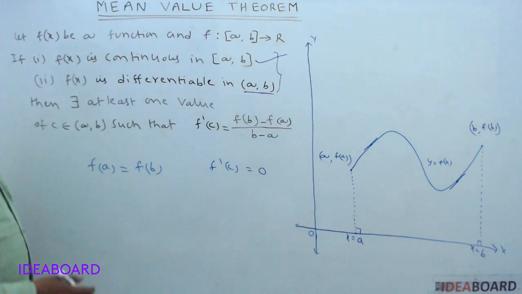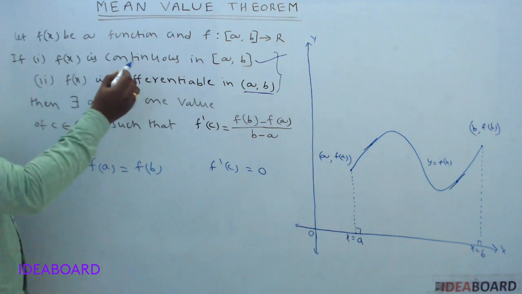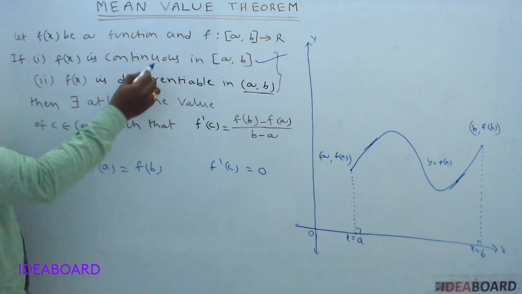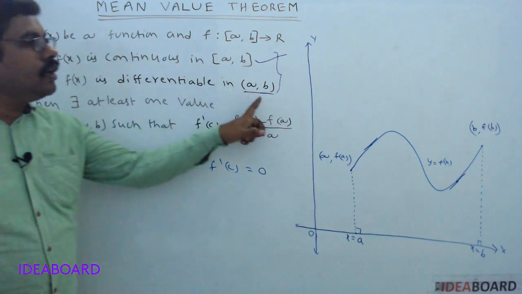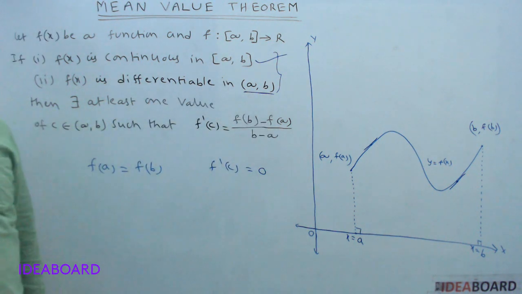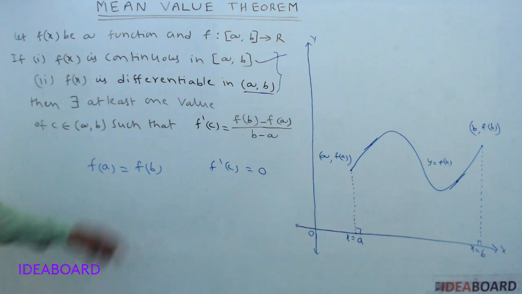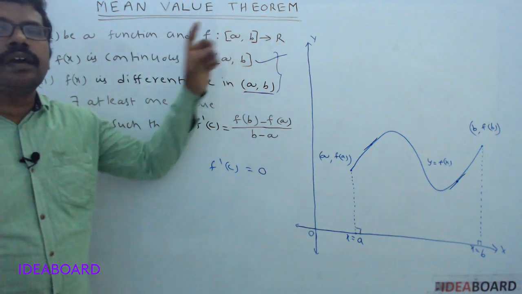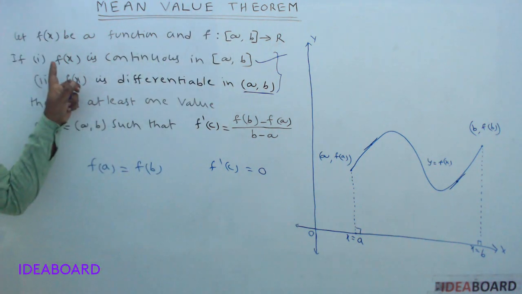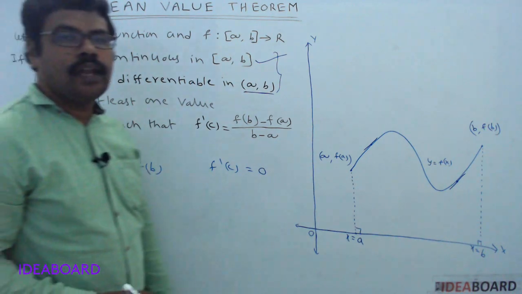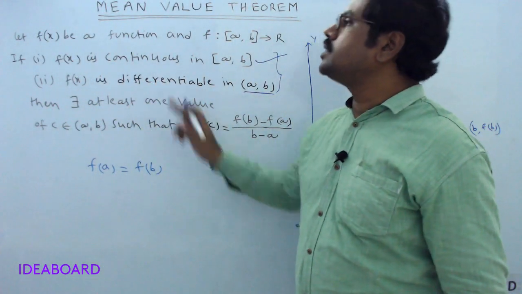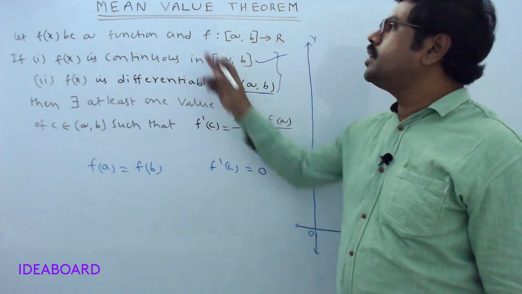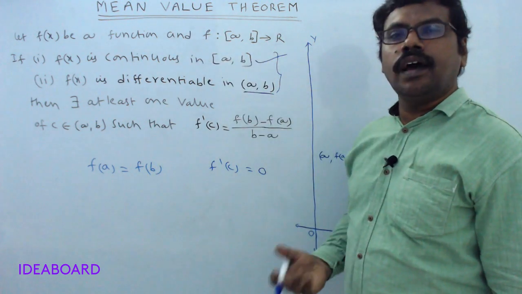Now here f(x) satisfies two conditions: continuous in the closed interval [a, b] and differentiable in the open interval (a, b). So we say that the mean value theorem is applicable to the function f(x). If a function f(x) satisfies these two conditions, then the mean value theorem is applicable.